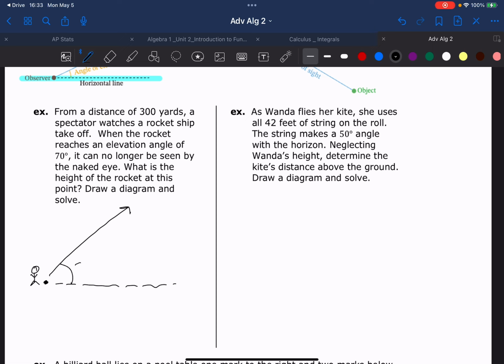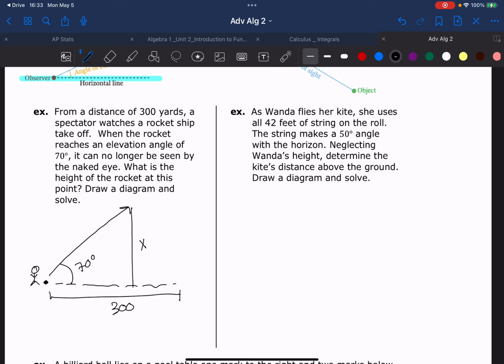So that means this is 70 degrees and he is 300 yards away from that rocket. Okay, so it wants us to find the height that the rocket can no longer be seen. So that would be this value here, which is x.